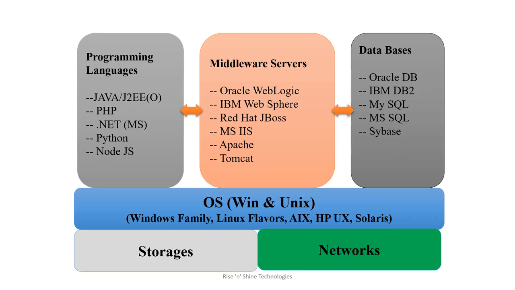All these components together, if we do that, and if you host the application successfully on the middleware and manage the data successfully in the database, then your application is ready.